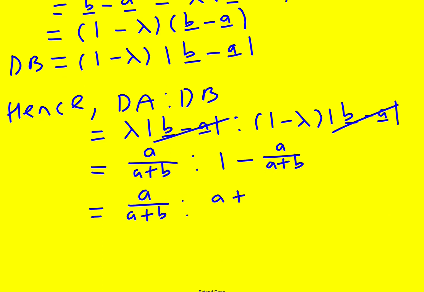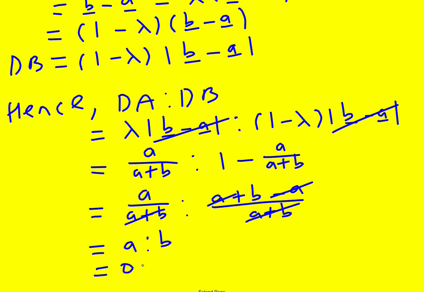It's going to be a plus b, then minus a, all over a plus b. These cancel, and from that I can just times through by a plus b. Therefore, I'm going to get a to b, which is equal to OA to OB as required.